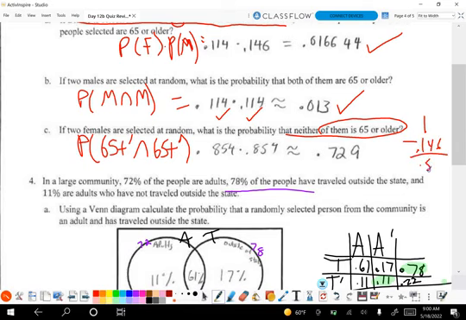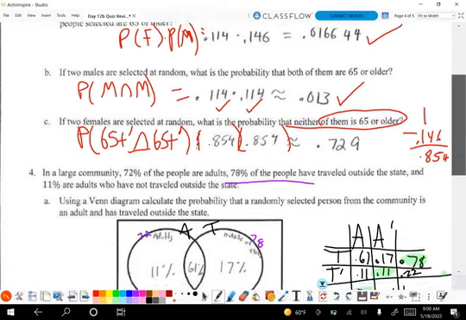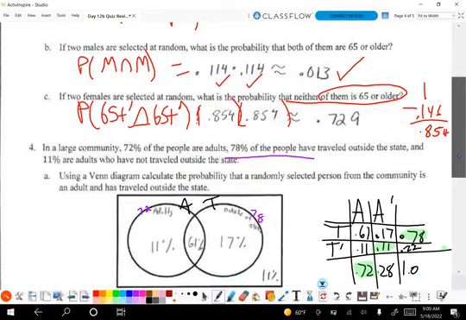That gets us 0.854. The 0.854 is the probability of the female not being 65 or older. Again, multiplication rule, because it's intersection, or "and", I'm going to multiply my probabilities here. And the approximate answer is 0.729.